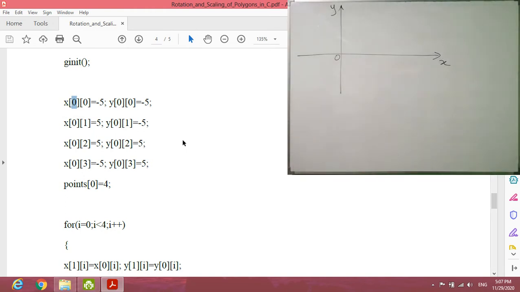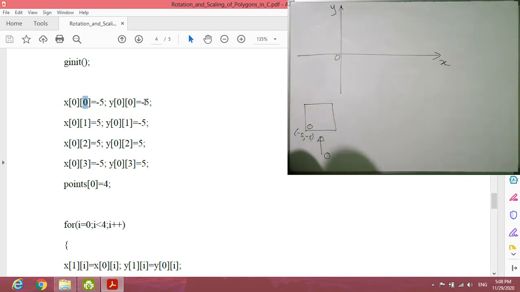I told you earlier about the arrays we have declared; we are going to store squares in those arrays. This is our polygon, a square or rectangle. In this particular example I am using squares, and x0 means the coordinates of the zeroth vertex: x coordinate is -5, and y coordinate is -5.